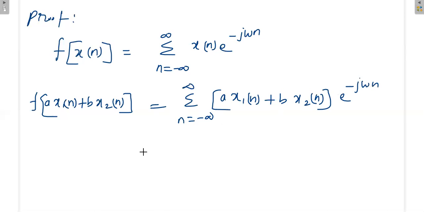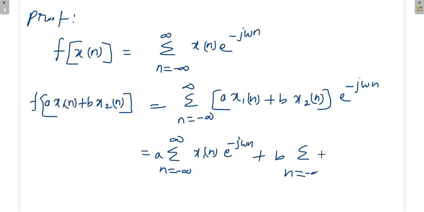Again we can split up this summation from n minus infinity to plus infinity. a is a constant, so we can take it outside: a times summation of x1 of n e power minus j omega n, plus b times summation n from minus infinity to plus infinity of x2 of n e power minus j omega n.